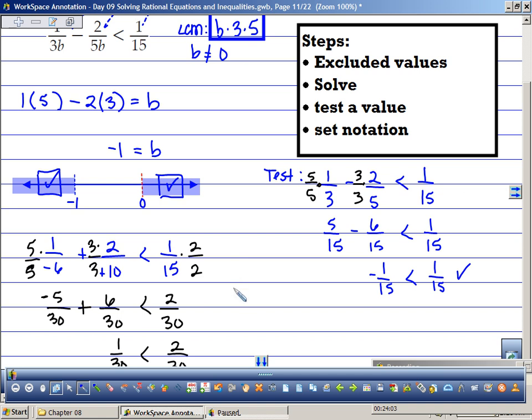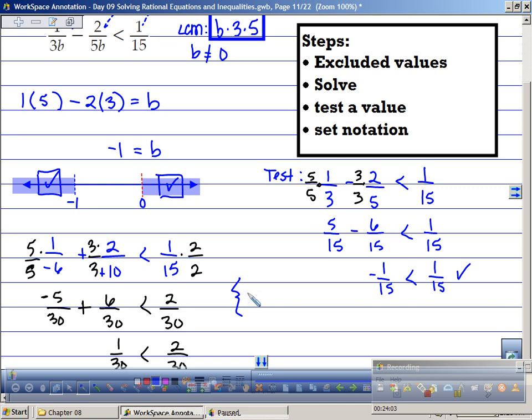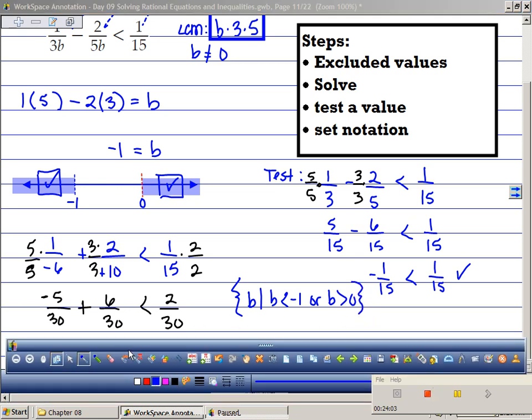So my solution set is, what am I talking about? B, such that B is less than -1 or greater than 0. And that's my answer.